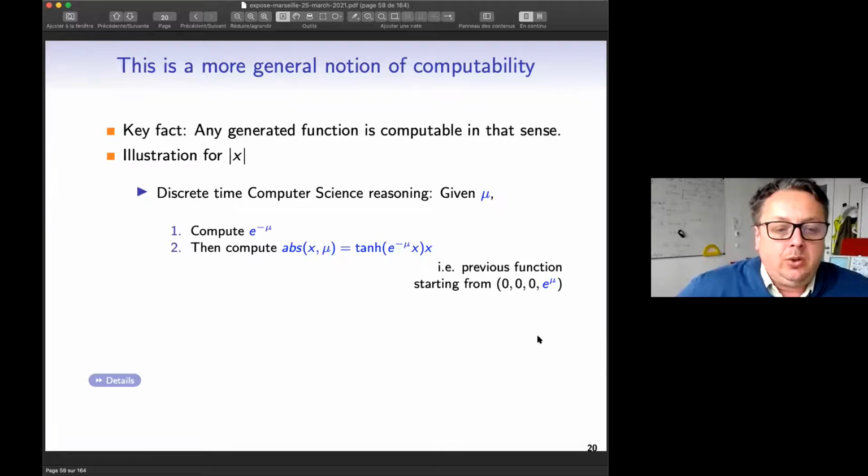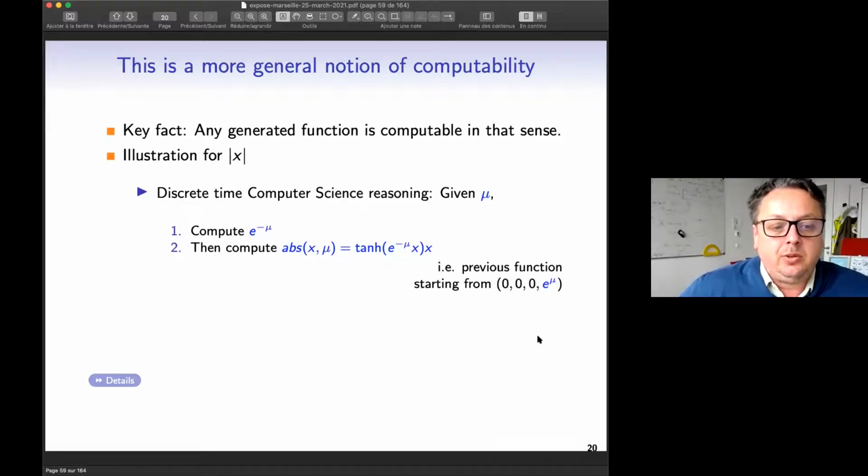And I told you, one trick to do it is clear. Given mu, you compute exponential mu, and then you compute tangent of exponential mu x times x by using the previous equation. But just to observe that we are in a world which is amazing, because this reasoning was a discrete time reasoning.